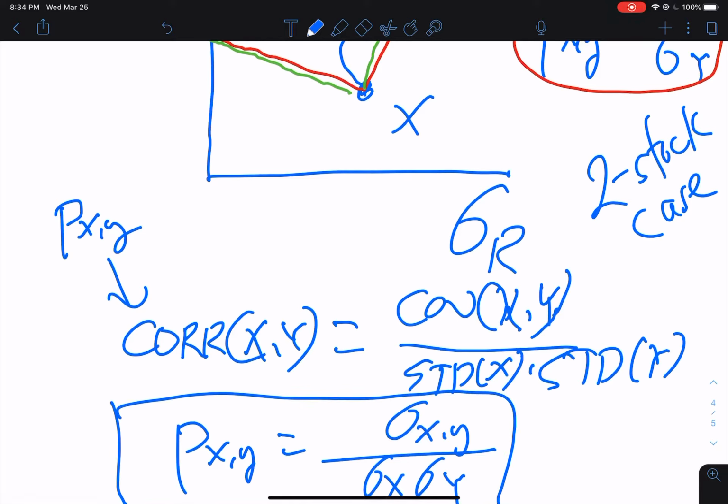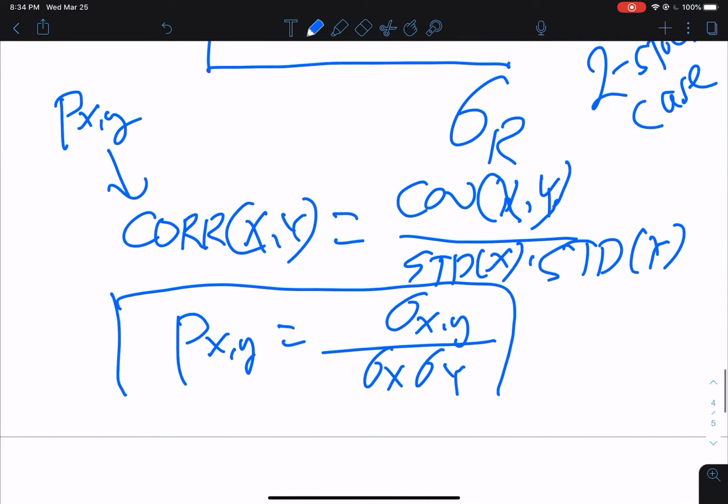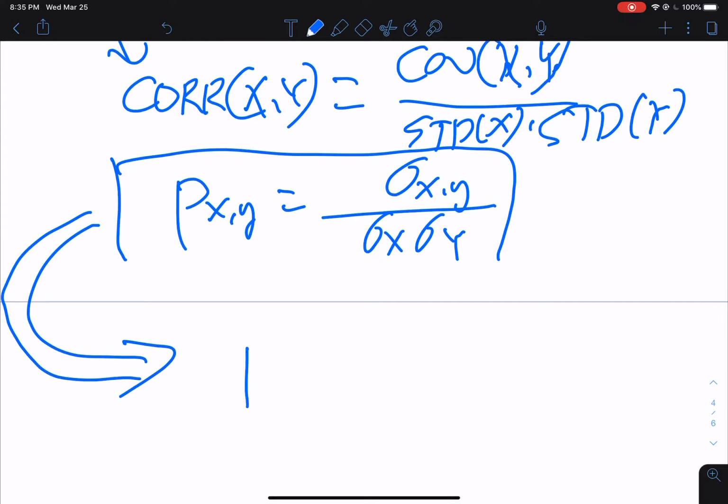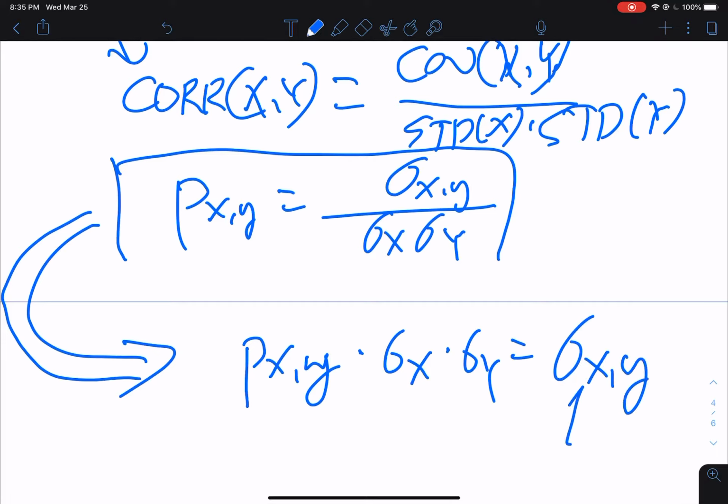Okay. All right, now this implies the following. I can multiply both sides by sigma X, sigma Y, and then I have the correlation coefficient between X and Y times sigma X times sigma Y would equal the covariance between X and Y. Okay.